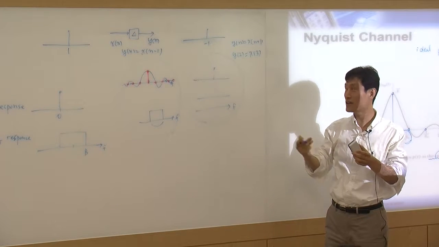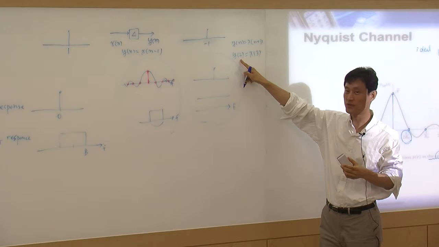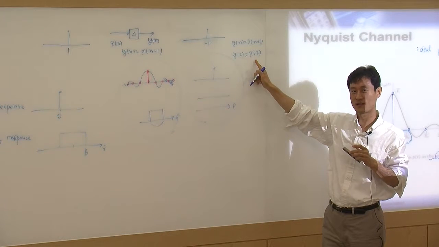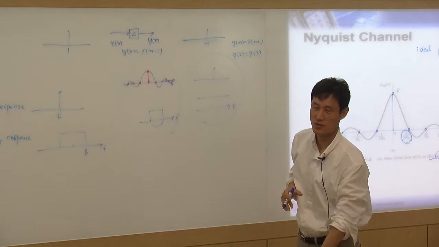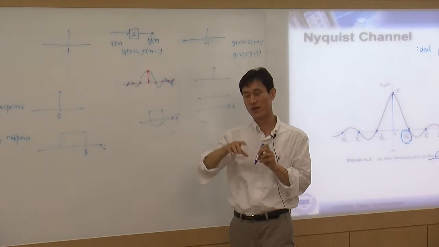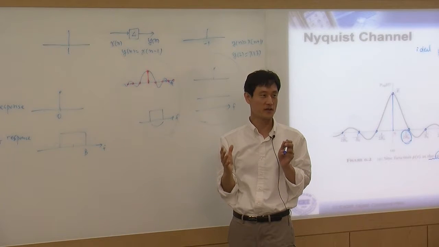Your output at the second sample is going to be your input at the third sample. So this is a sample in the future. How can you get the output for the future sample? This is impossible, right? This is a non-causal system. You heard about causal, non-causal, right? This is causal because whatever happens in the past will impact the future. That's natural.